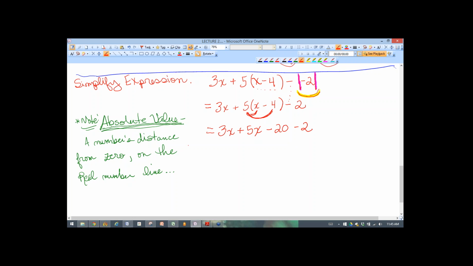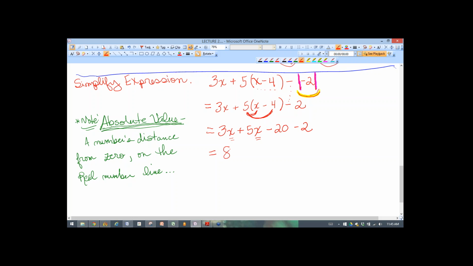Now we want to combine like terms. Remember, like terms have exactly the same variable ending, or no variable ending. In other words, for the x terms, the exponent has to match as well, and we'll get to some of those eventually. Just keep in mind the entire variable ending must match.